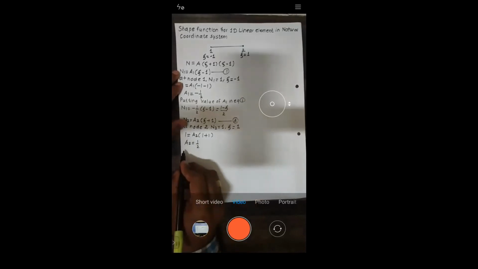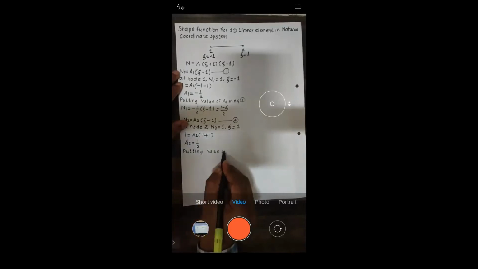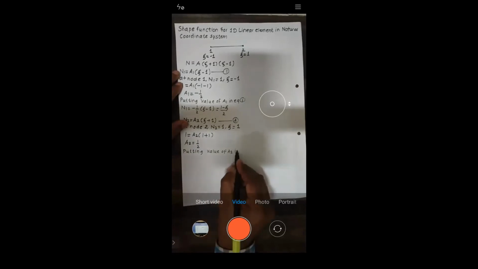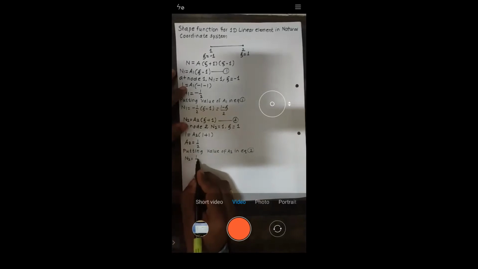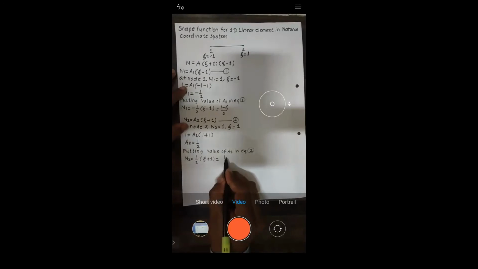Putting the value of A2 in equation 2, I get N2 is equal to half into zeta plus 1. So I'll write this as 1 plus zeta by 2. Is it okay or not?